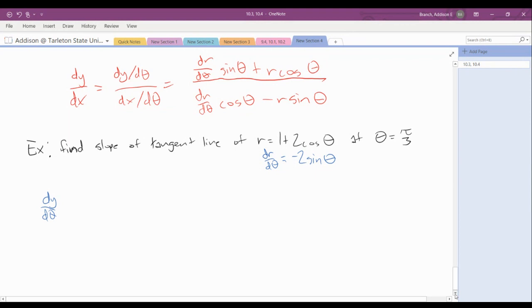Whenever we do that, if we plug in our dr d theta, we're going to get negative 2 sine of theta times sine of theta plus our r, which is our initial formula, so 1 plus 2 cosine of theta, times cosine of theta.